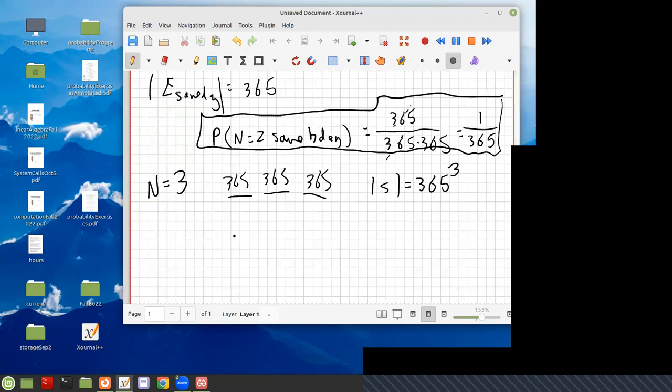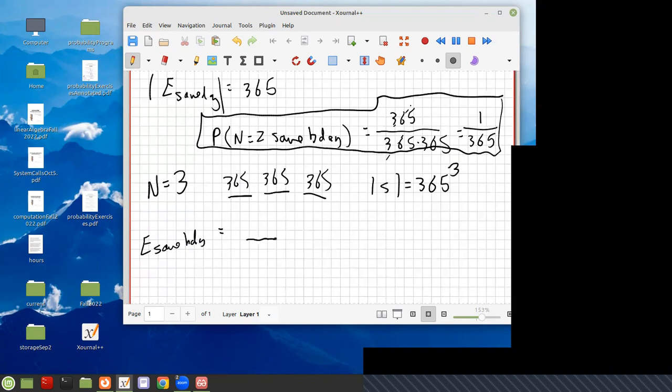Now, the problem is that we want to count the event of same day. Well, what kind of elements are there going to be?